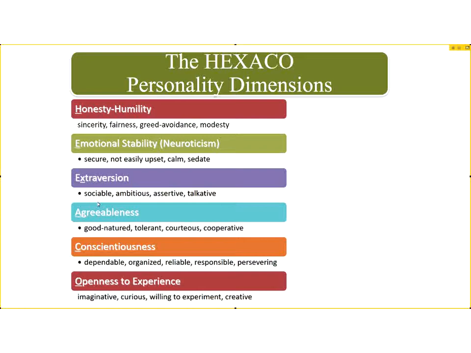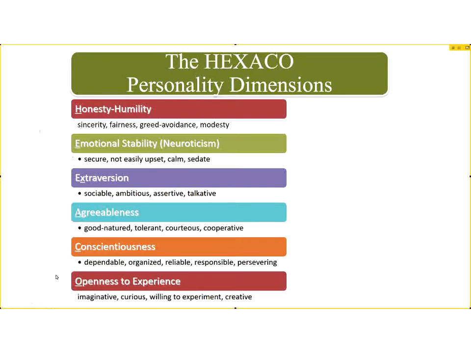We normally study personality in terms of the big 5 or the big 6 personality traits. These are also known as the HEXACO personality dimensions, and HEXACO stands for honesty-humility, emotional stability, extroversion, agreeableness, conscientiousness, and openness to experience.